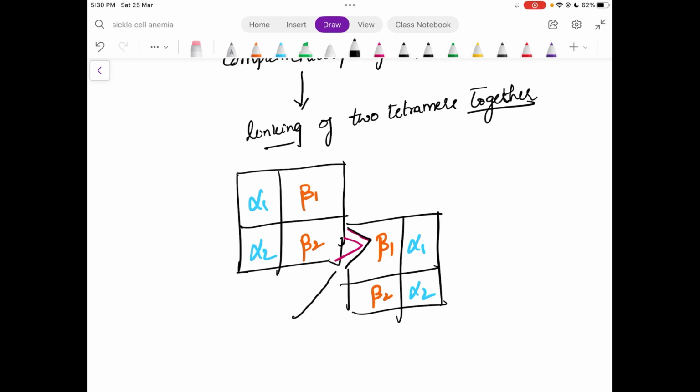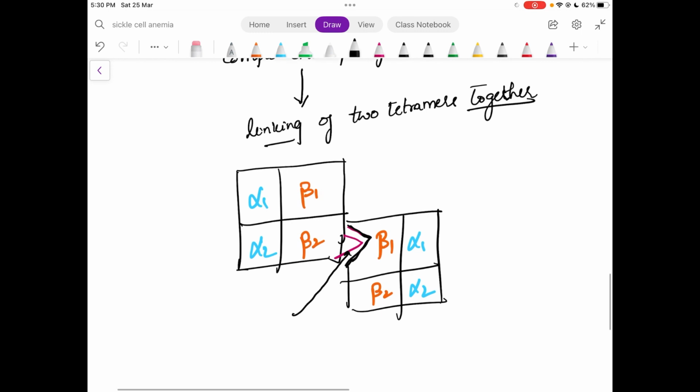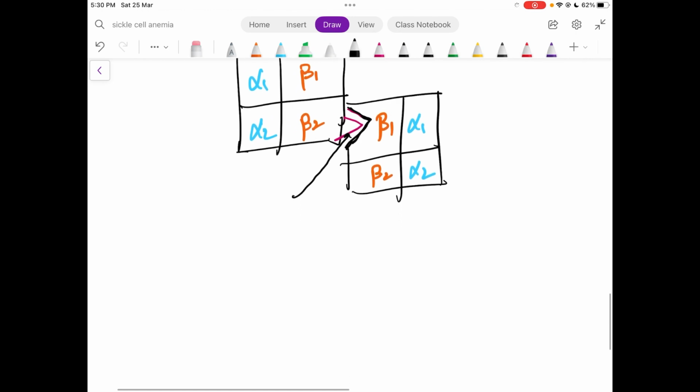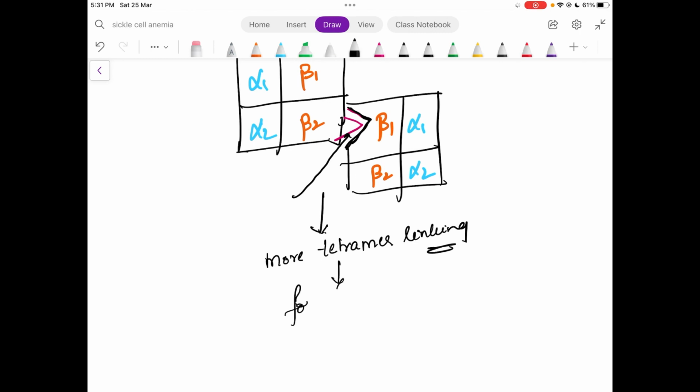So this sticky patch will bind with the complementary hydrophobic patch, and there is a linking of these two tetramers, and this causes more tetramer linking, and they will form a polymer, and a linear polymer is formed.